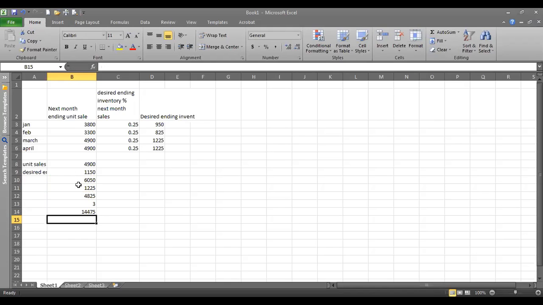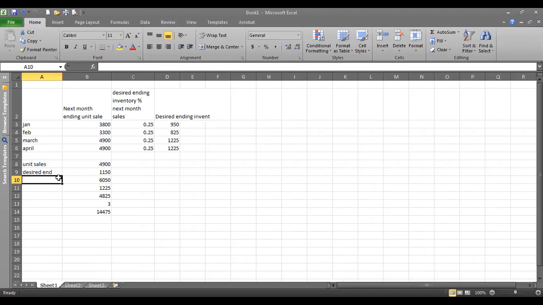Now let me plug in these figures here so you can see what I've done. Here's my desired ending inventory. From there, this gives me the units to produce. This is my beginning inventory.